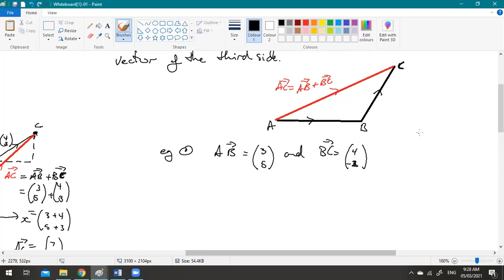If you were to sketch this starting from A, 3, 5.